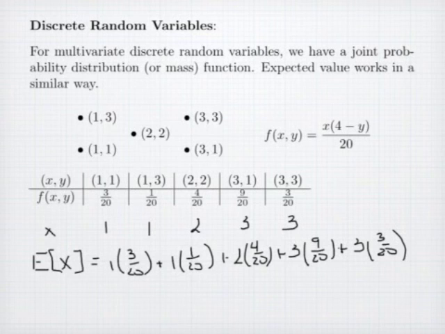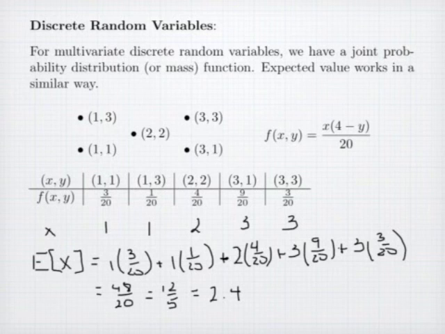And I add all those up, which equals a total of 48/20. So that's 12/5, or 2.4.